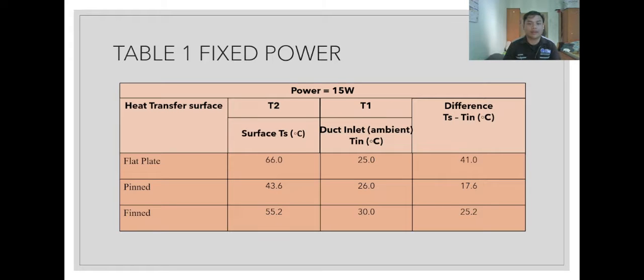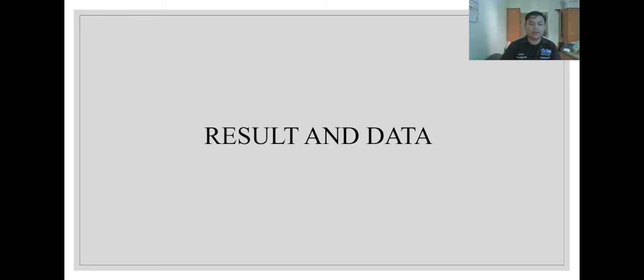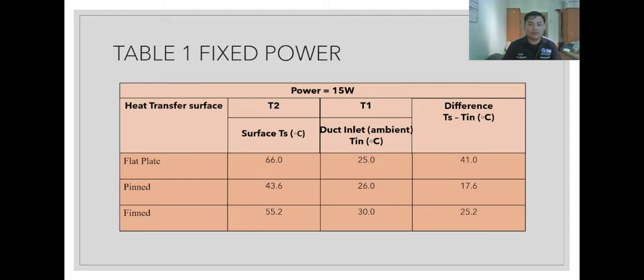As you can see, table 1 shows the fixed power between these 3 different heat transfer surfaces. T2 represents the surface temperature, T1 is the ambient temperature, and we got delta T, the temperature difference, which is T surface minus T inlet, or T2 minus T1.